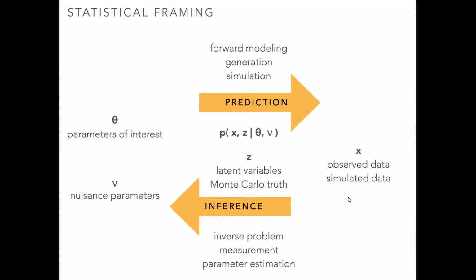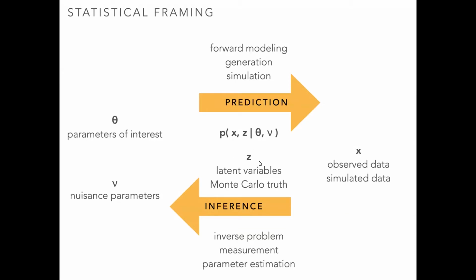In addition, inside of the simulator there might be lots of other random variables, which may or may not be physically meaningful. The physically meaningful ones might describe some microstates of your system, things that as an observer I'm not able to see. Those are usually referred to as latent variables Z.